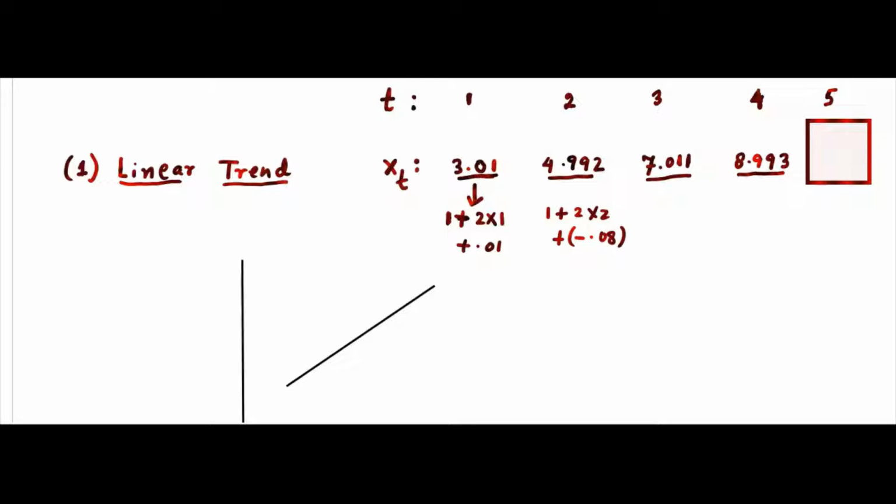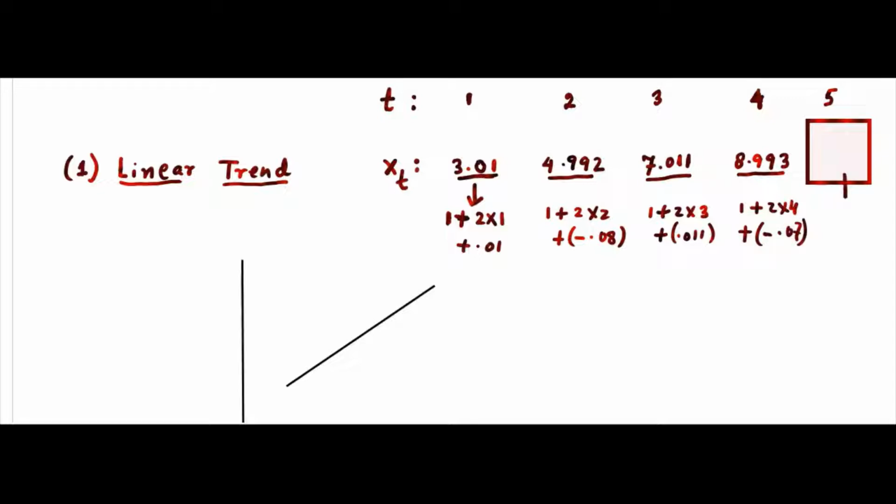This one is 1 plus 2 multiplied by 3, where 3 is the time, 2 is the time here, 1 is the time, plus 0.011. And this one is 1 plus 2 multiplied by 4, minus 0.07.